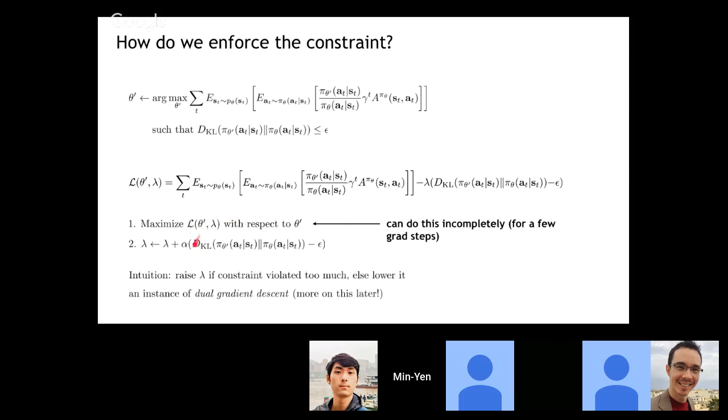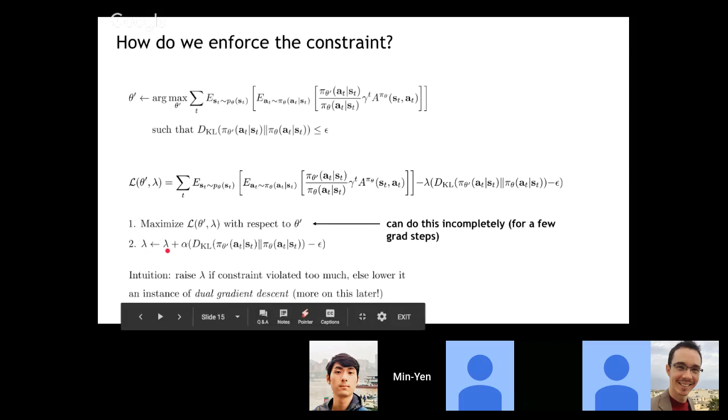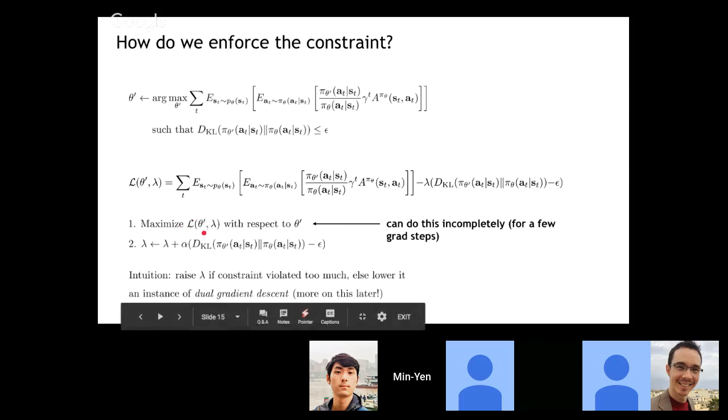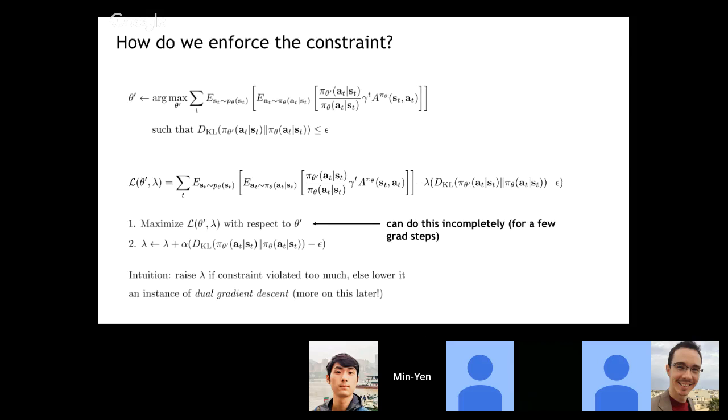Then once you do that, you can find a gradient for lambda and update lambda, and then you iterate to find the optimal theta prime. He did say that the derivation of this dual gradient descent will come in a subsequent lecture, so we can go about saying how it exactly will work.